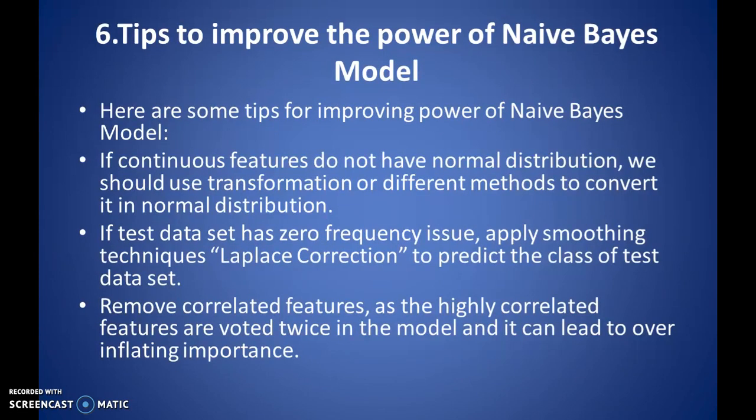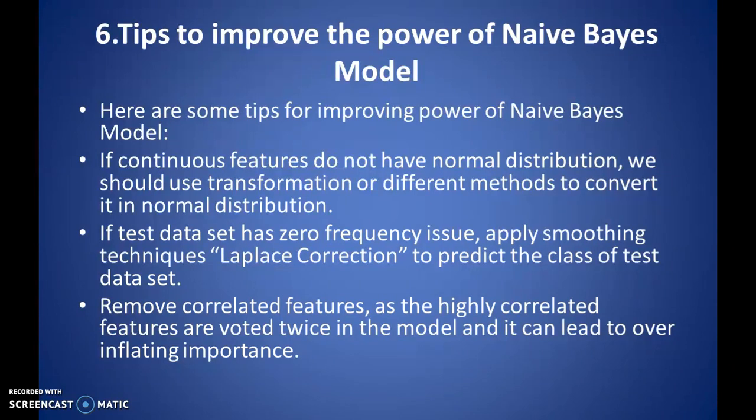So to improve the power of the naive-Bayes model, here are some tips. If continuous features do not have a normal distribution, we should use transformation or different methods to convert them into a normal distribution. If the test data set has a zero frequency issue, apply smoothing techniques like Laplace correction to predict the class of the test data set.